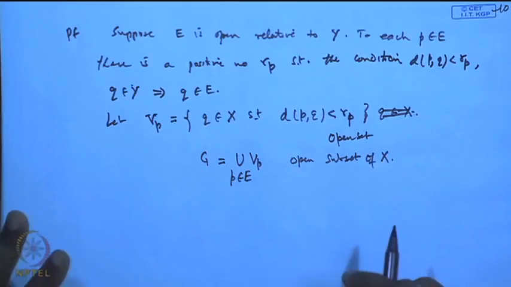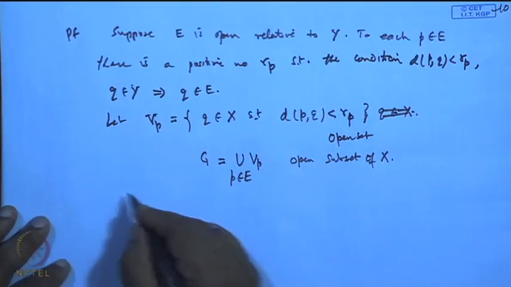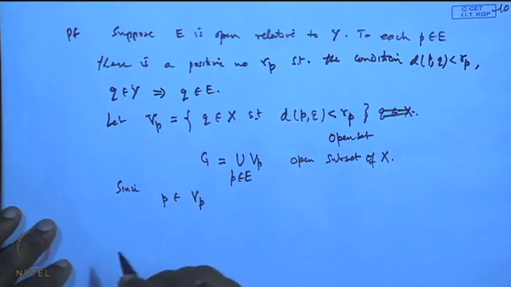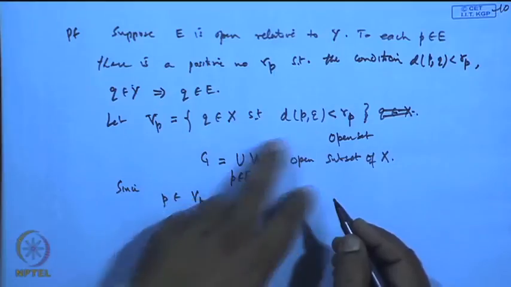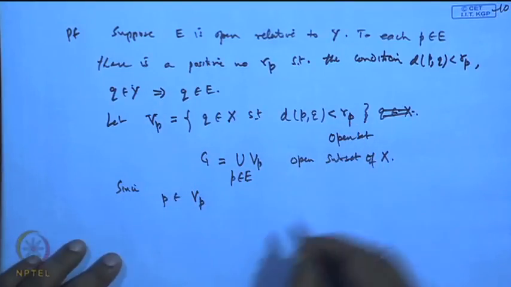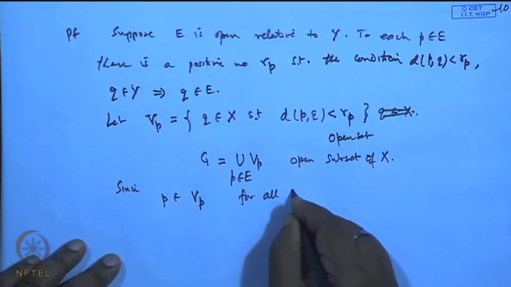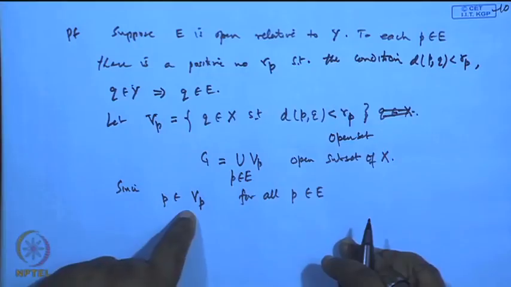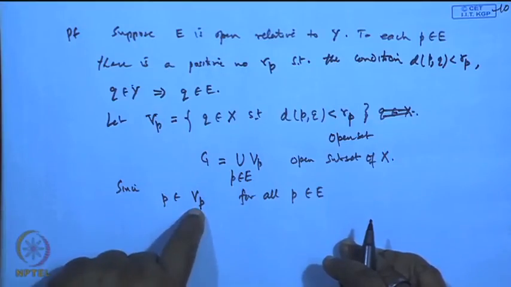Clear? Now, since p is in the neighborhood B_p, centered at p with radius R_p, for all p belonging to E, this is by construction because p is the center of this neighborhood.